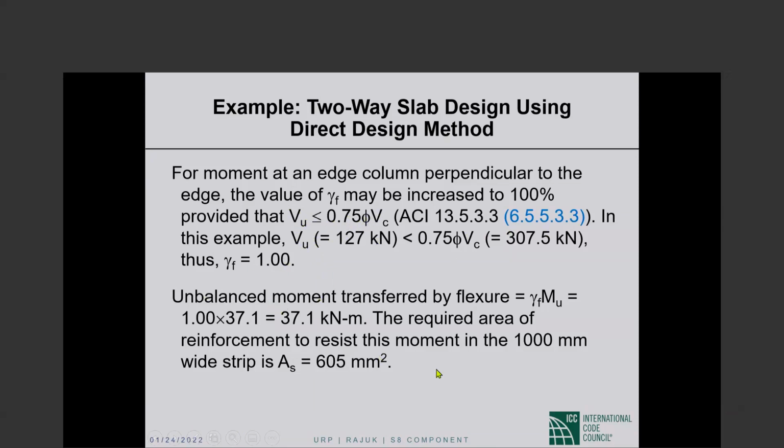Unbalanced moment transferred by flexure then is 100% of the 37.1, which is 37.1 kilonewton meters. The required area of reinforcement to resist this moment in the 1000 millimeter wide strip is 605 square millimeters.